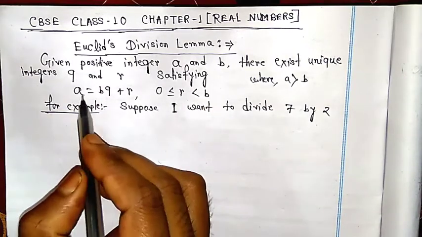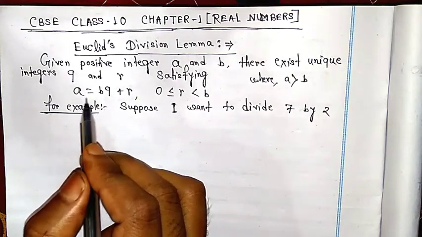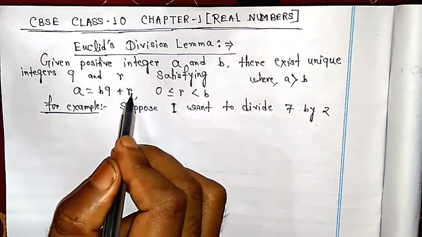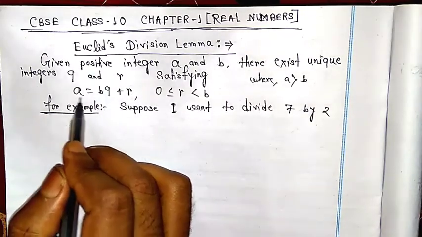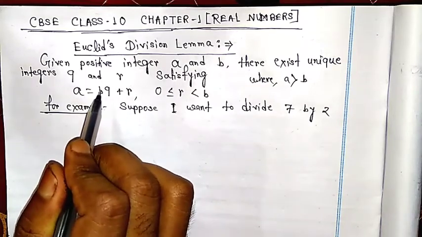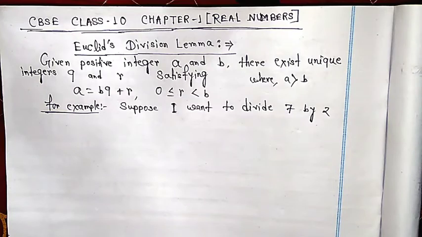So we can write a equal to bq plus r, where if we divide a by b, then q is the quotient and r is the remainder. This is the division algorithm that was already discussed in class 9. Again, this is the statement of Euclid division lemma.